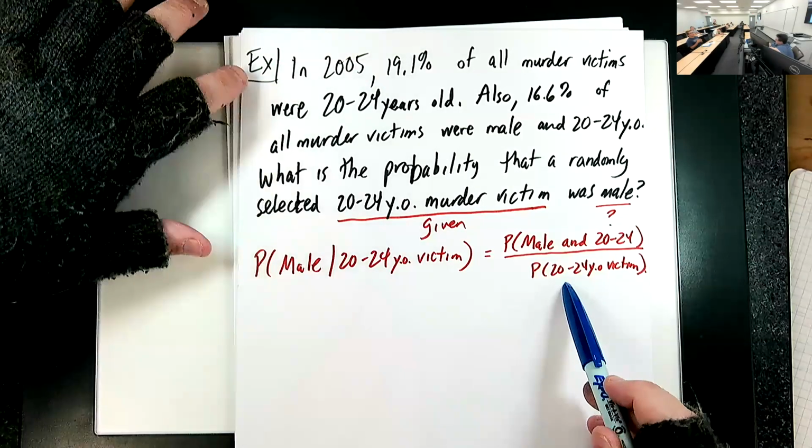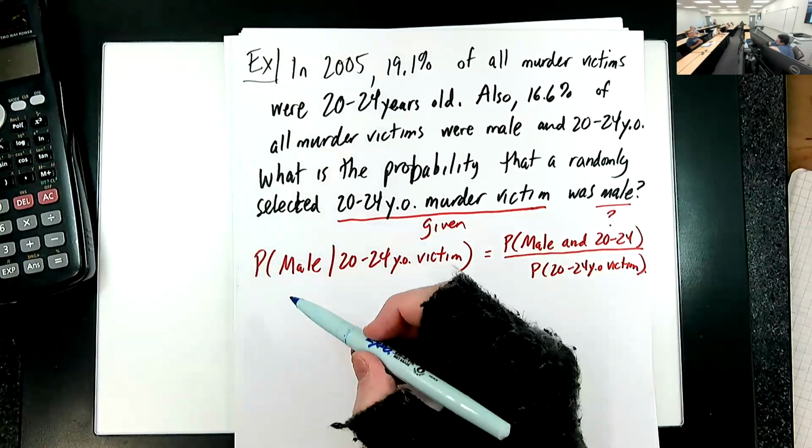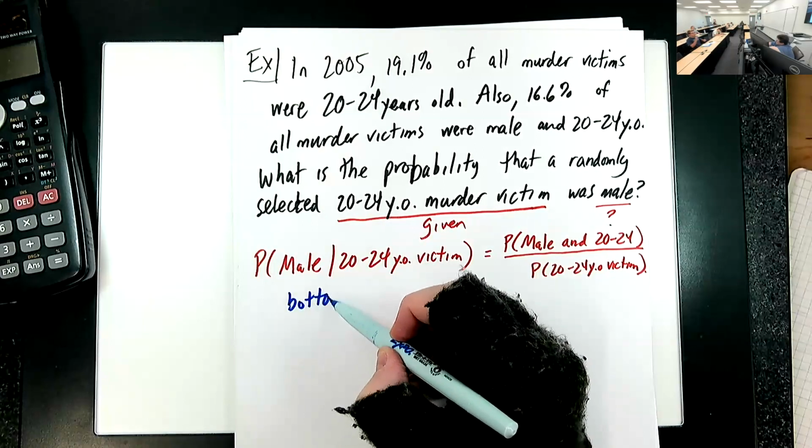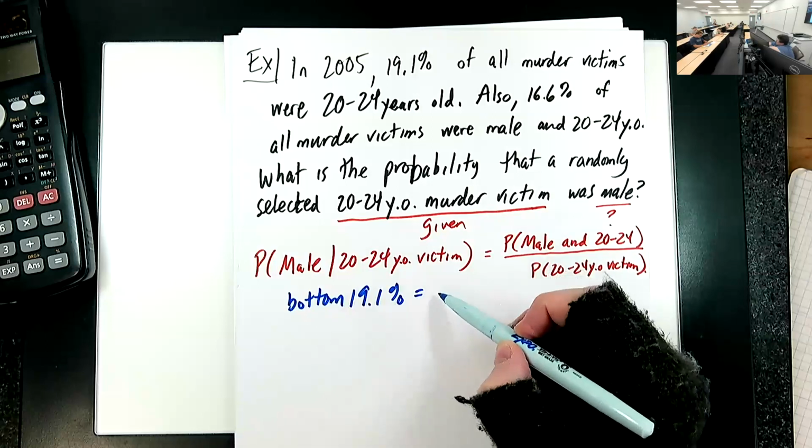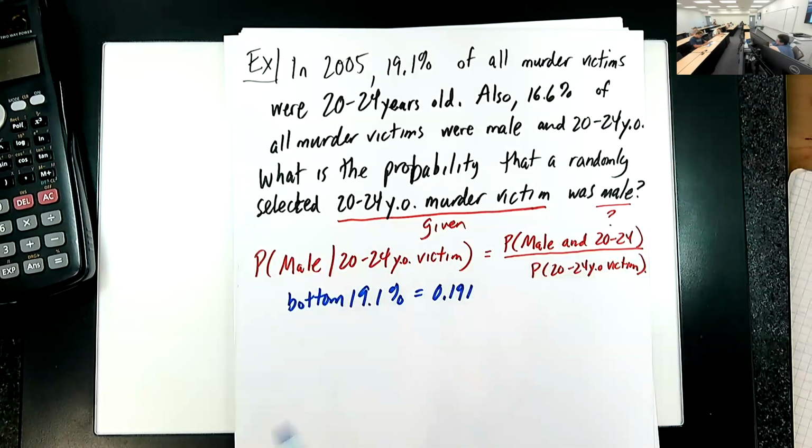It doesn't say anything about males, so that's got to be the bottom part. 19.1%, we probably want it as a decimal, so we'll use 0.191. And it says 16.6% of murder victims were male and 20 to 24 years old.